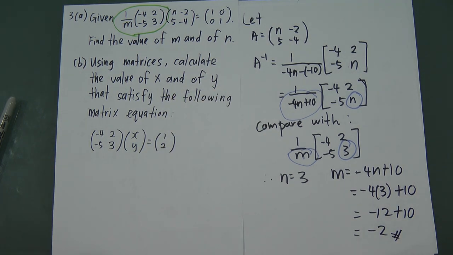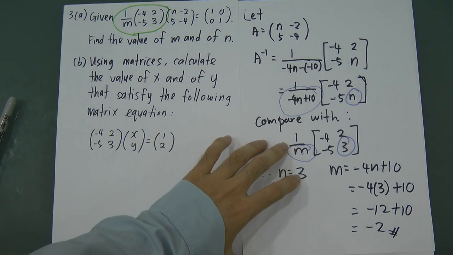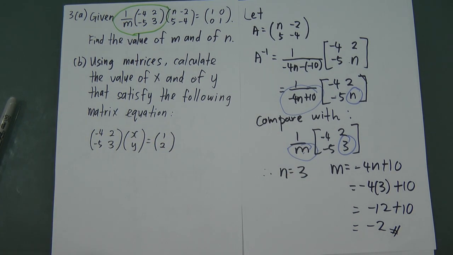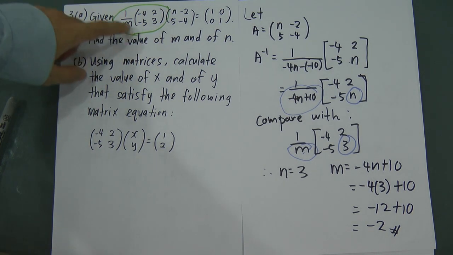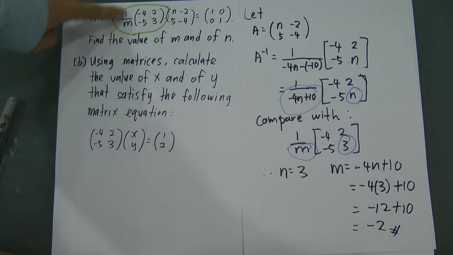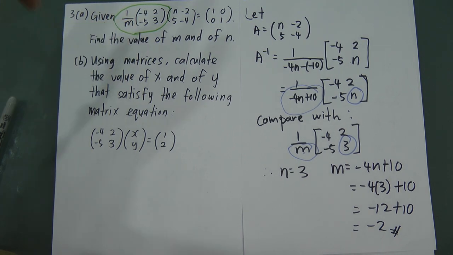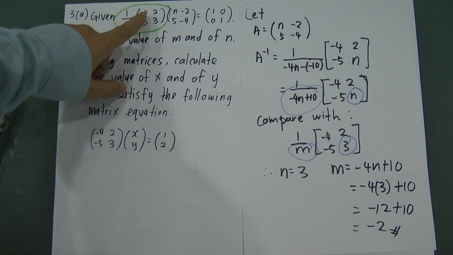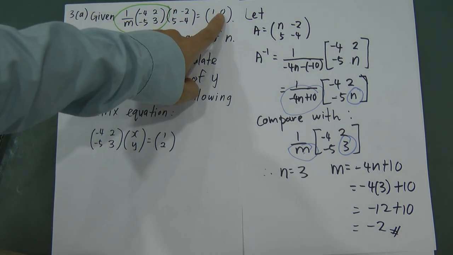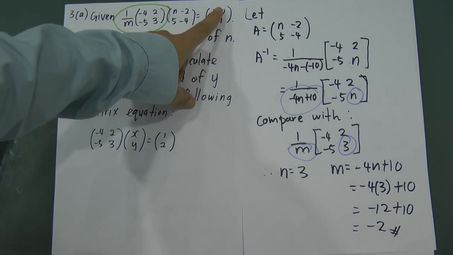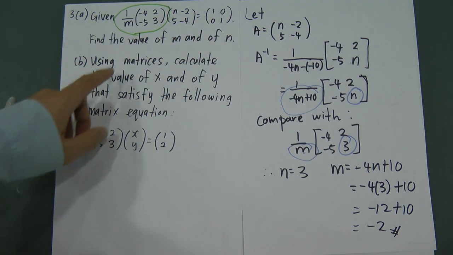That's all. This one is 3 to 4 marks. So just make sure you can understand. The hard part of this question is, whenever you see this, if you couldn't understand that this is the inverse matrix form, then it's very hard for you to understand. And you also need to understand why this one multiplied by this one will equal the identity matrix, because I said the identity matrix is equal to 1.